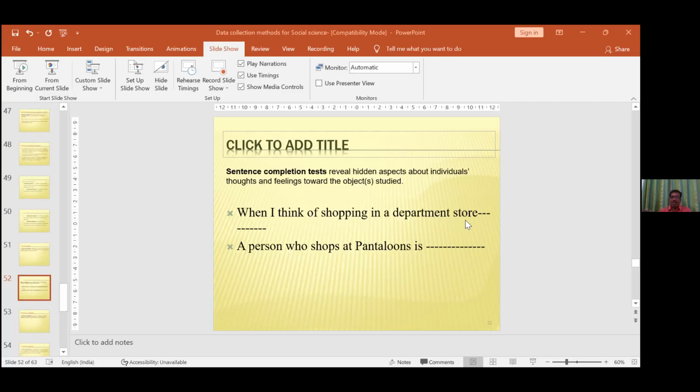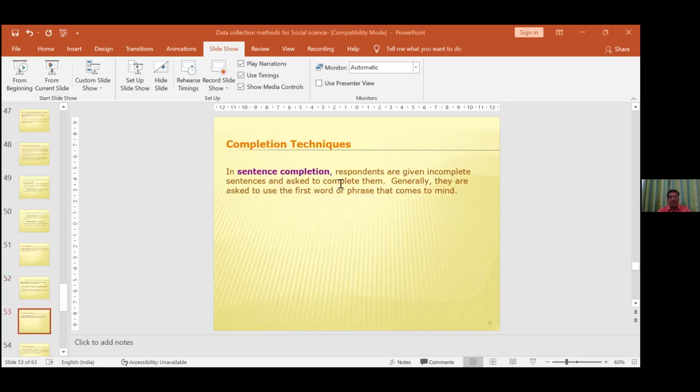Sometimes people may say he is a wise person. So you can get the idea of underlying motivation by way of sentence completion test. What is sentence completion test? Sentence completion test reveals hidden aspects about individual thoughts and individual feeling towards the object studied. So this is the example for sentence completion technique.